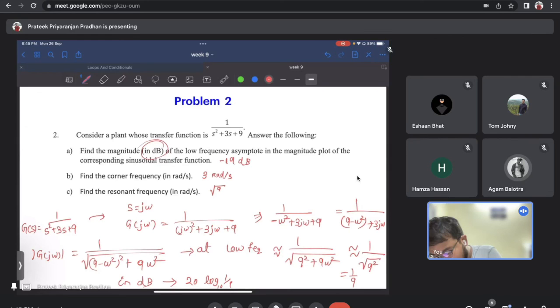If you want to ask something else, you can. Agam, I'll write down this question because this is the second time you are asking it. That means you are not clear. So in the next class, I will discuss it with an example.